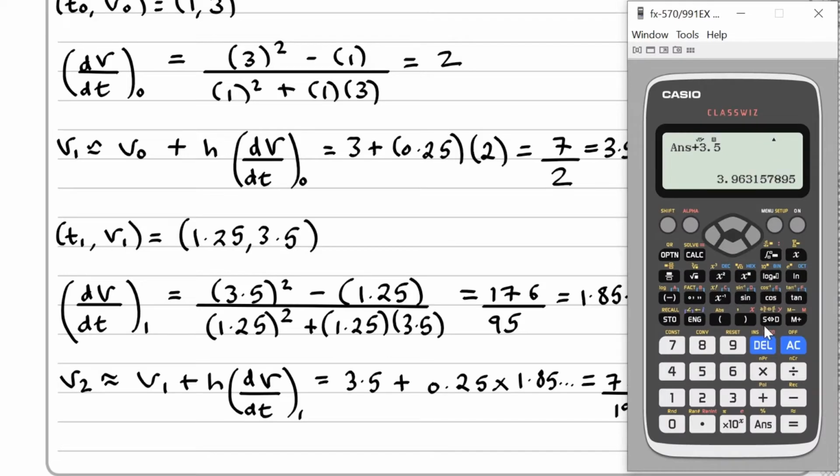If you work this out, we come out with 3.96, etc.